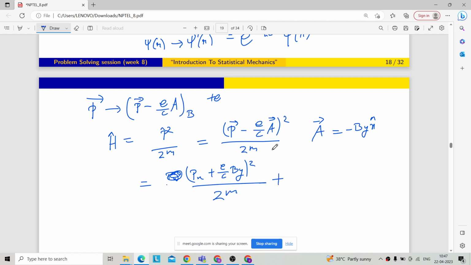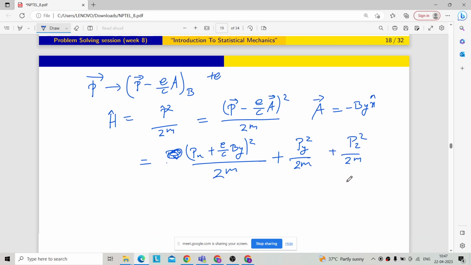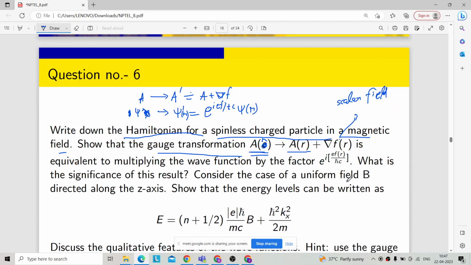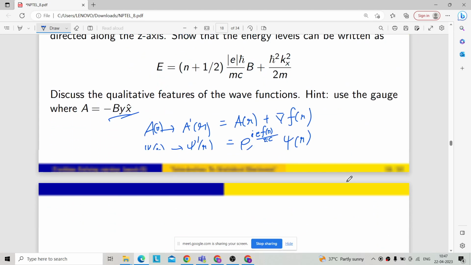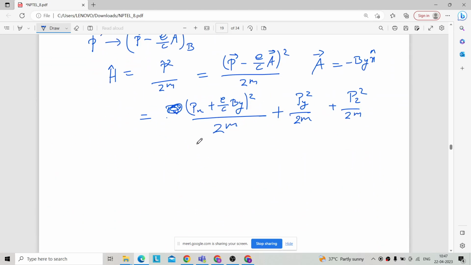Then other terms will not change because there is no component of A in that direction, so other terms will remain as they are. So py square divided by 2m, then pz square over 2m, right? Okay, now I have the Hamiltonian.